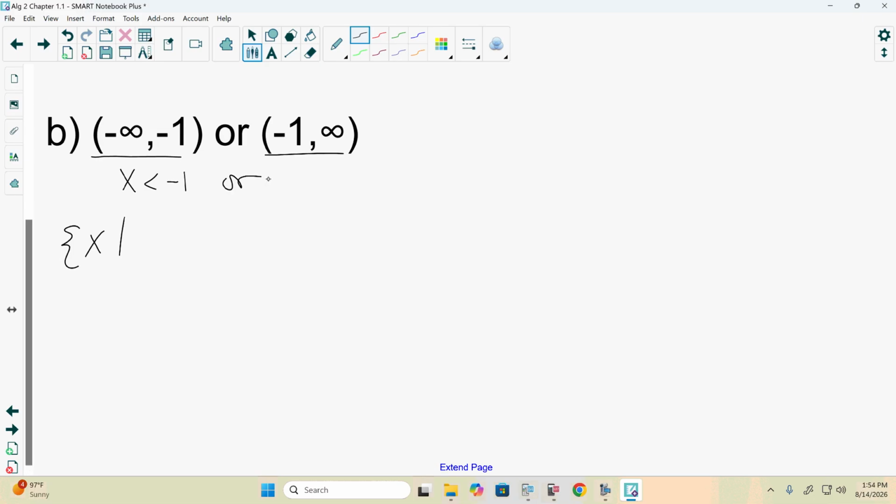Now we need to do the other one, negative 1 to infinity. Anybody have an idea what this would be? X is greater than negative 1. Okay, we ready to put this into the set builder?